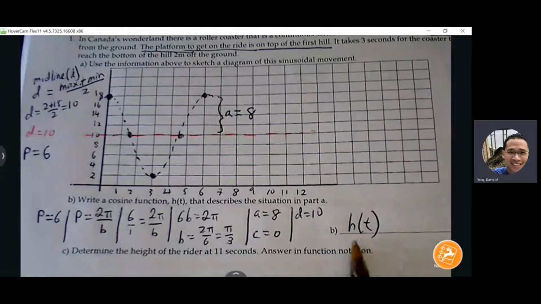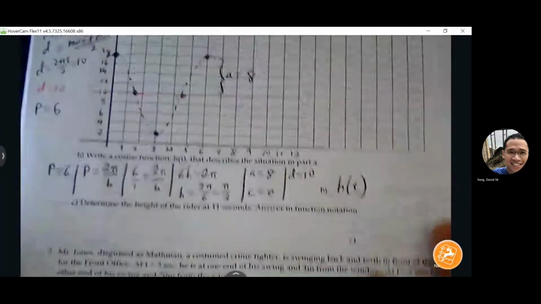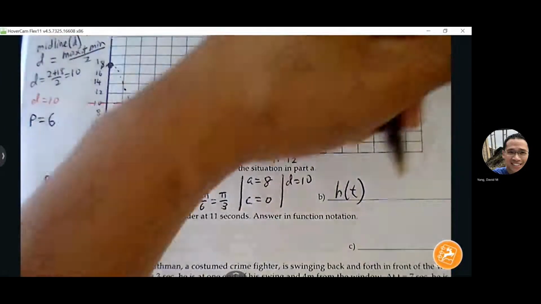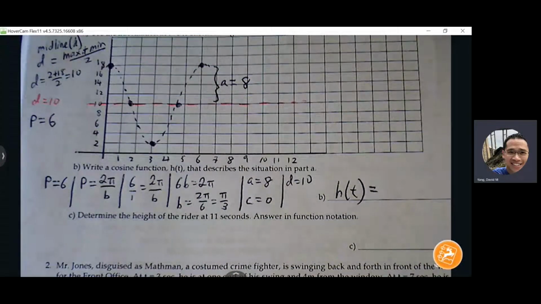You can say y of t, h of t, say h of t. This is a cosine graph that is not experiencing any reflection, so positive A.